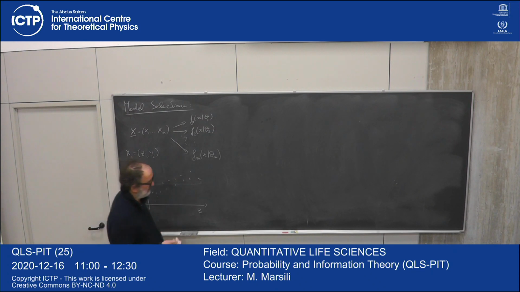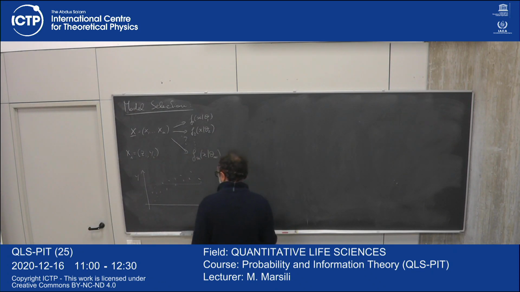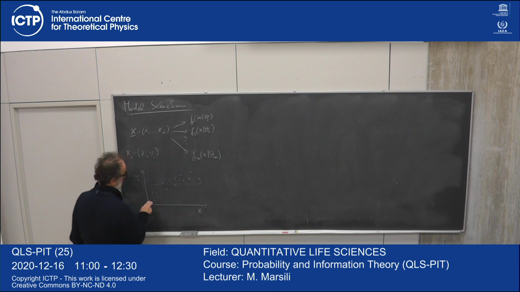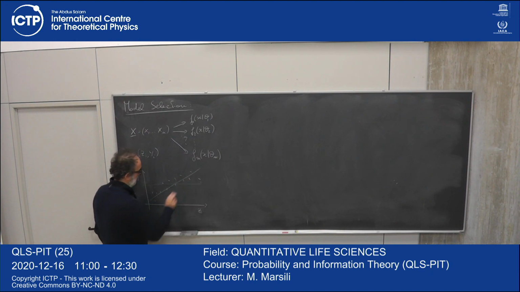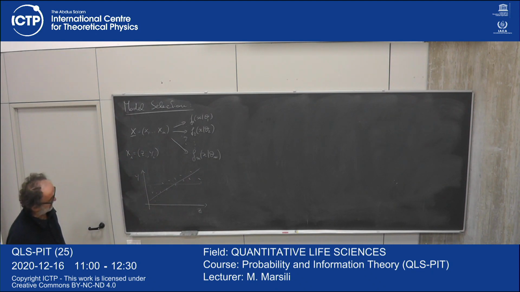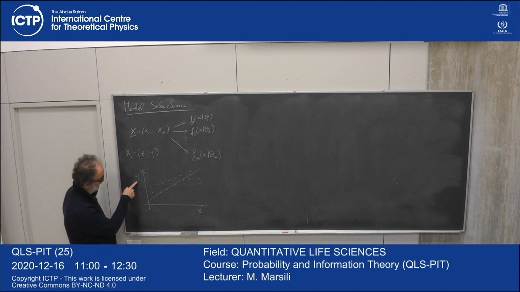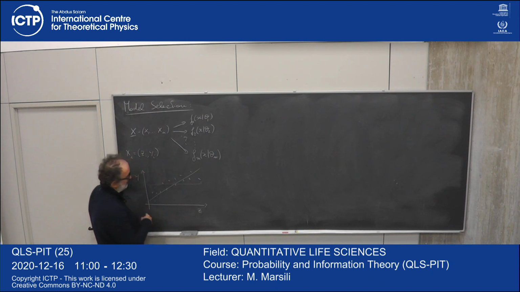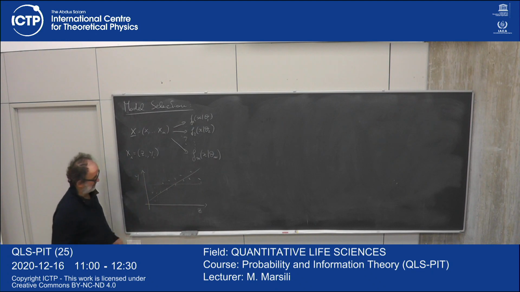You can have a little bit better model to say, well, no, actually, the points which are here are a little bit higher than the points which are here. So maybe a better model would be just a straight line, the expected value of y increases linearly with z, and then the points are distributed around this average.